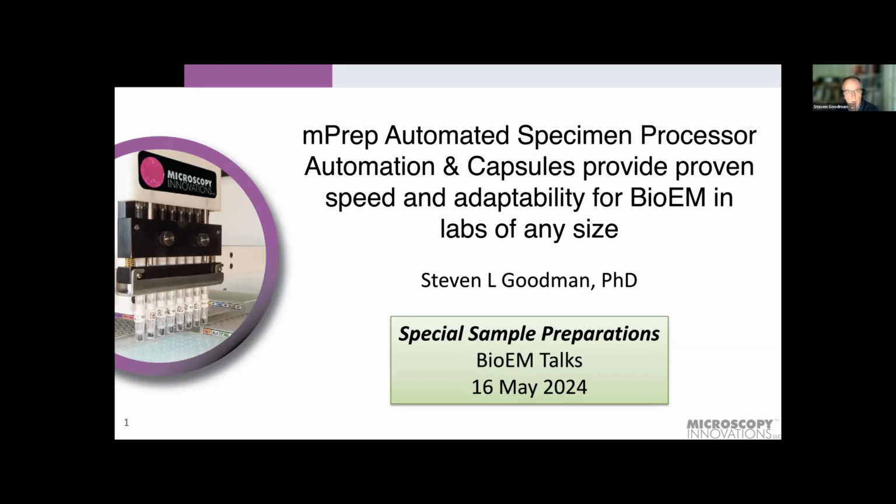So a couple of months ago, Rucheng asked if I could speak about the adaptability of the mPrep system and our ASP automation. And I said I would, and I will concentrate on some novelty or somewhat unusual applications to show the potential, and it will also show the potential of my fellow electron microscopists to MacGyver solutions.